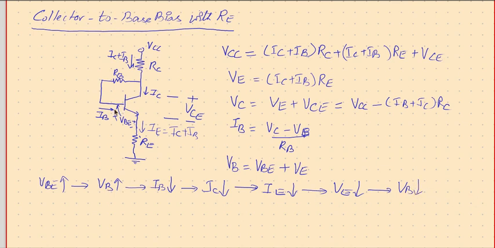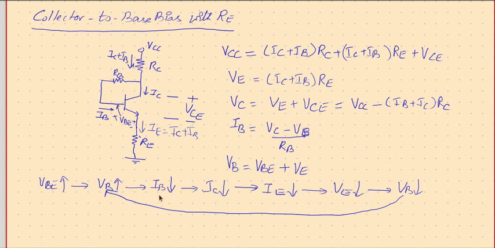So with the increase in VBE, we found that VB increased, and this increase in VB created a chain of actions. VB increase will reduce IB, reduction in IB will reduce IC, reduction in IC will reduce IE, reduction in IE will reduce VE, reduction in VE will reduce VB, and this counteracts whatever was increasing VB.